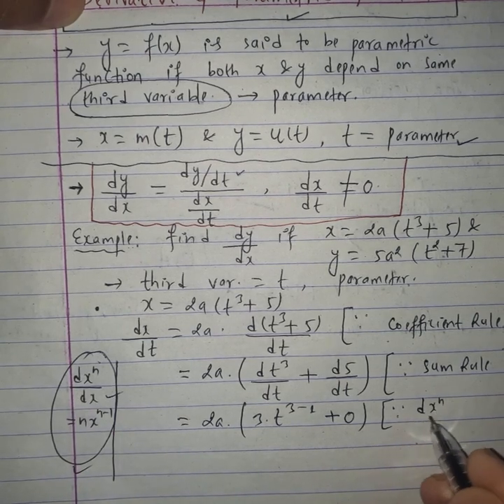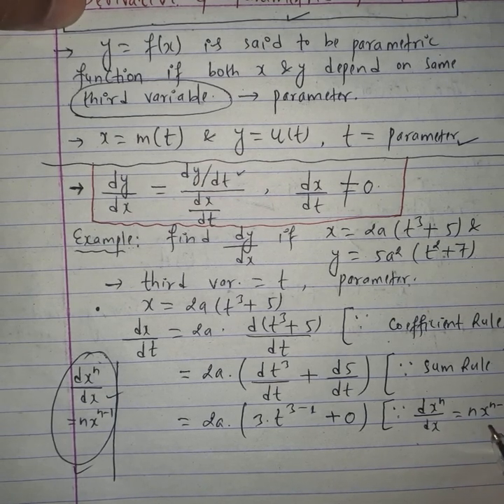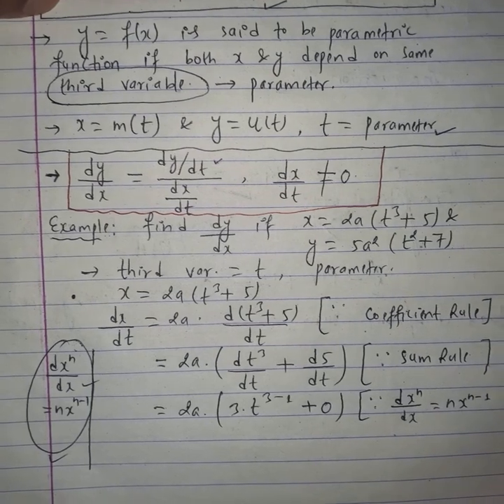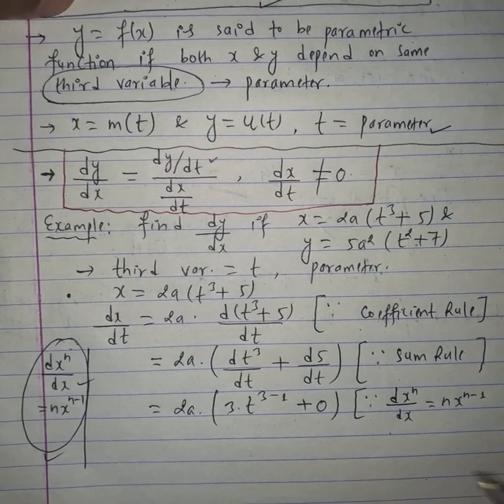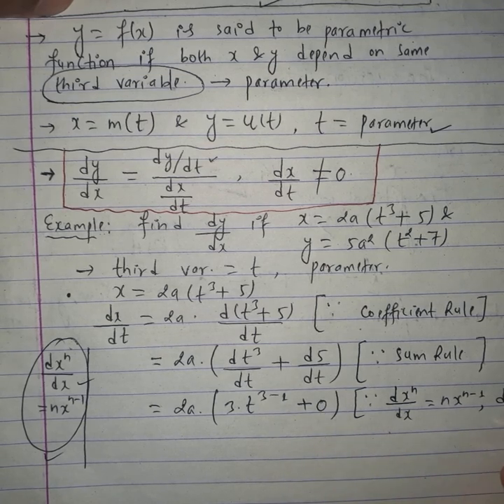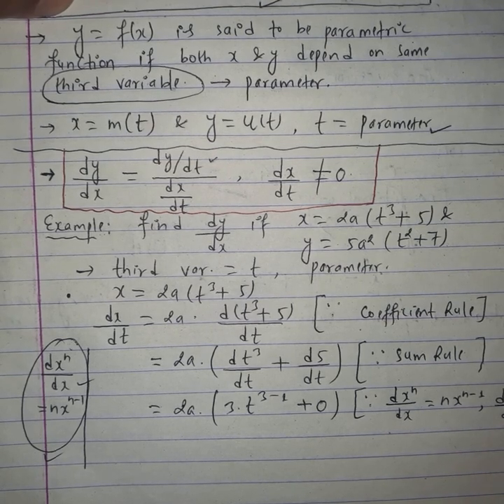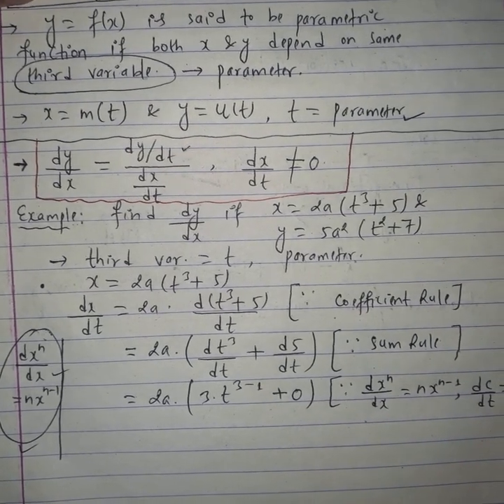Derivative of x raised to the power of n with respect to x is just n times x raised to the power n minus 1, and it is valid for all n belonging to the set of rational numbers. And the derivative of the constant function, c refers to the constant, with respect to any variable is always 0. Please remember this point also. Derivative of the constant is always 0.